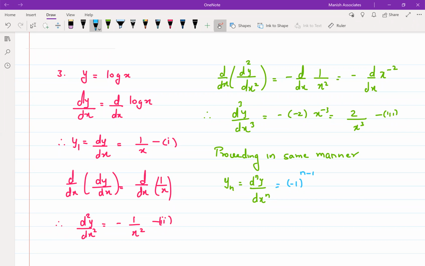This is the counter. जब आपका n 1 होगा तो you'll have minus 1 raised to 0 which is positive. जब आपका n 2 होगा you'll have minus 1 raised to 2 minus 1 which is negative. जब आपका n 3 होगा, third order is positive, so n replace कर दो, क्या आएगा? minus 1 raised to 3 minus 1, so we get minus 1 the whole square. Clear everybody? Now ये आपका पहला चीज हो गया. दूसरा हम डिनोमिनेटर की बात करते हैं अभी.